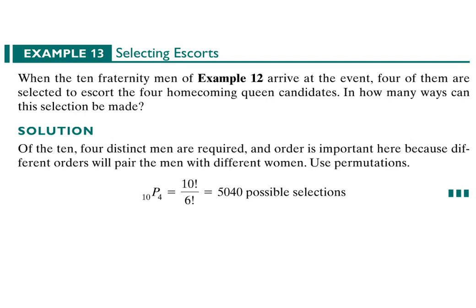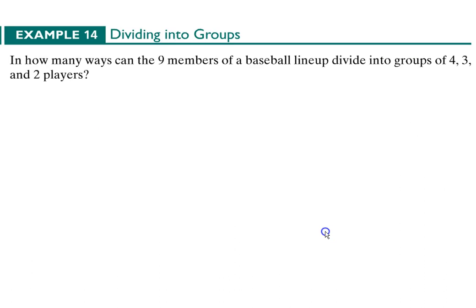So in this case, order is important. So we have 10, permutation, we're going to select 4. So 5,040 possible selections. Again, you'll be doing your homework and having to make these decisions and hopefully improving your skill as you go along.